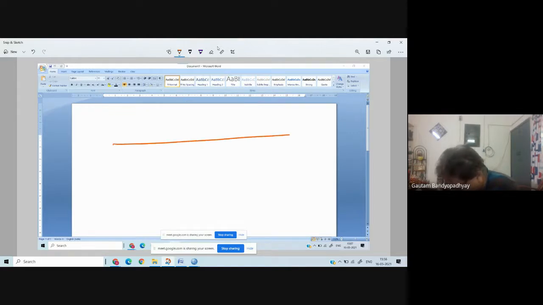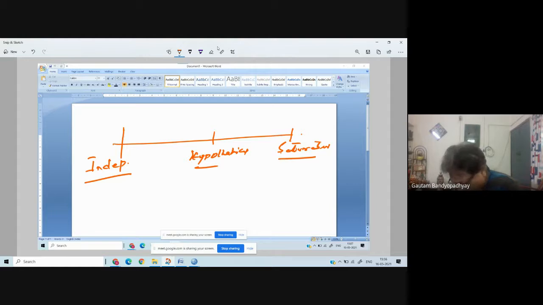This is a single line, and this is called independent. This is called hypothetical, and this is called saturated. What is the meaning of it? Independent means all variables are independent, that means they form the unit matrix.